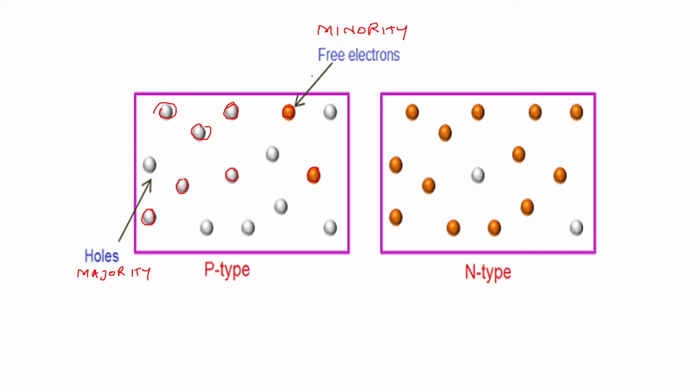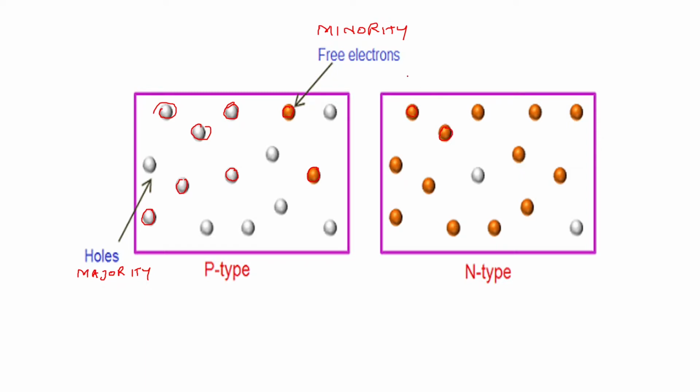So they are less in numbers. These holes you get because of doping, and these free electrons you get because of the temperature, which naturally forms. Now in N-type, it is the other way around. Because you're adding the pentavalent impurity, you get a large number of free electrons.